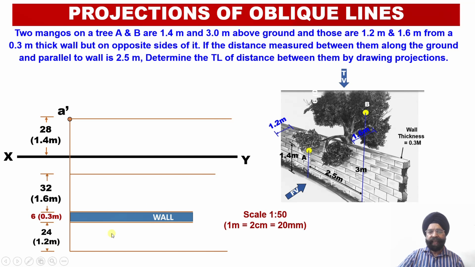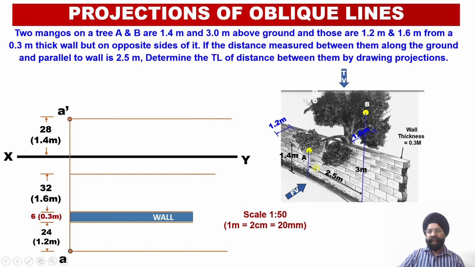So it means that onto this locus line, the top view of the point A will be lying. I also know that wherever point A dash has been obtained in the front view, on the same vertical projector line, I should be able to obtain the location of the point A projection in the top view. So this way, point A projection in the top view has also been located. So A dash has been located, point A has also been located.